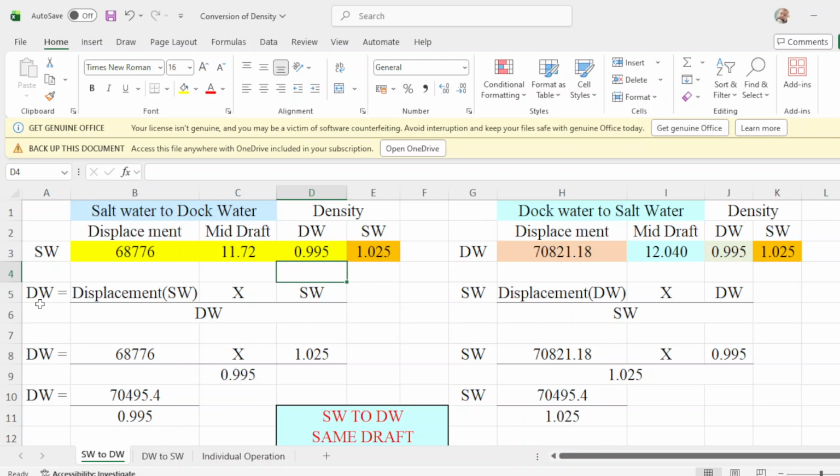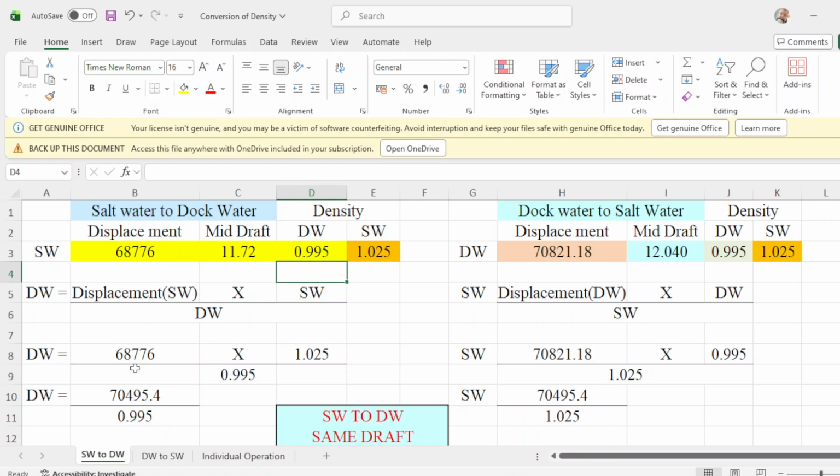The formula to get the dock water displacement when you enter the Panama Canal is displacement of seawater times your seawater density over your local density, okay?